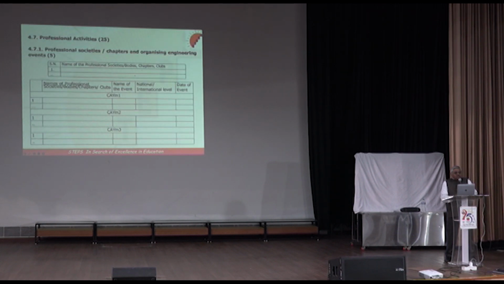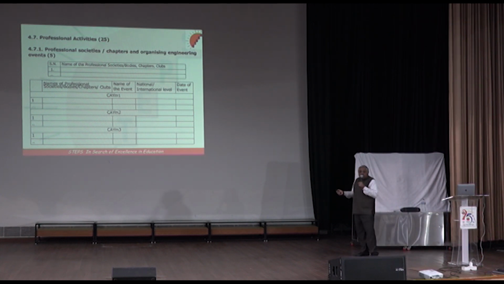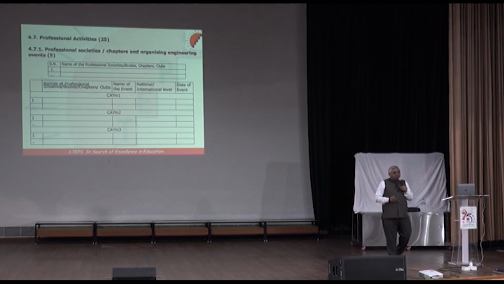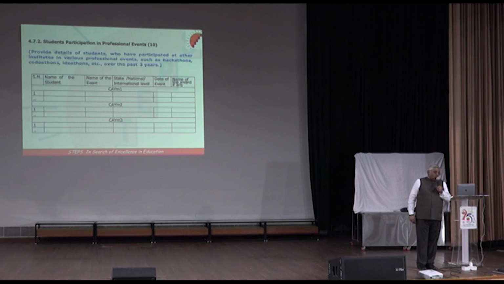Professional activities, yes, they have added a few things now. One is professional society chapters organizing engineering events. This table was not given earlier. Now they have given the table. Then comes students' participation in professional events. This table was also not there.